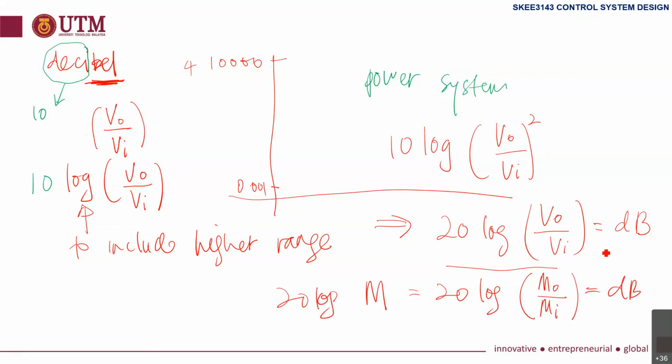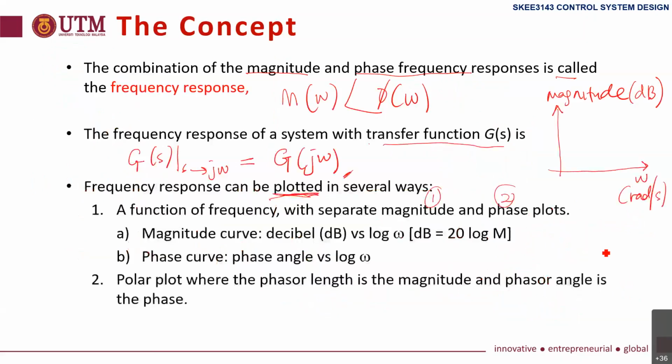Okay, so the magnitude that will be presented in log in frequency response, especially in Bode plot later, is in decibel. That means we have to take 20 log M, which is M0 over M in. That is decibel.